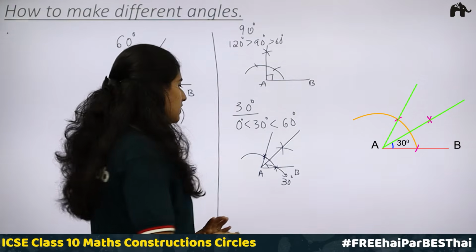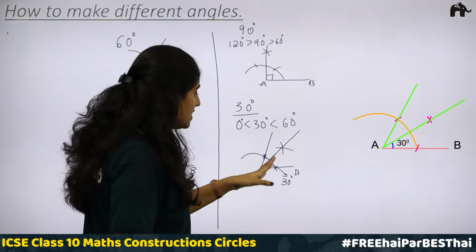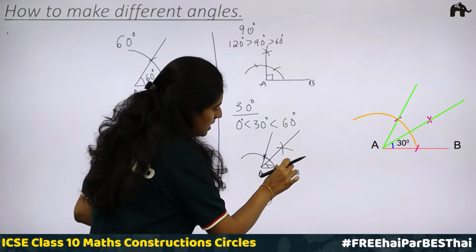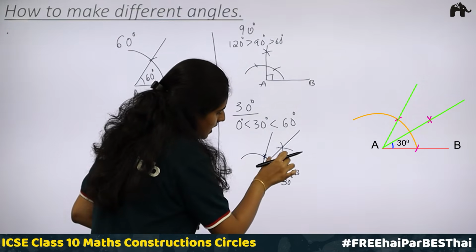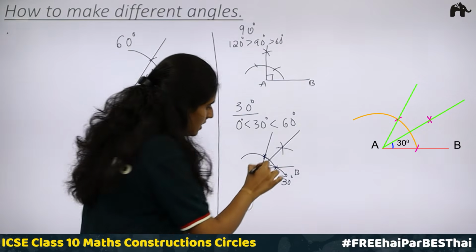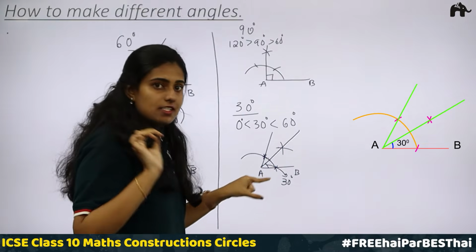Now, if it is 15 degree, how to construct 15 degree? We have to bisect this 30 degree angle. Take this point as center and this point as the second center, because this is a point where the line cuts the first arc.